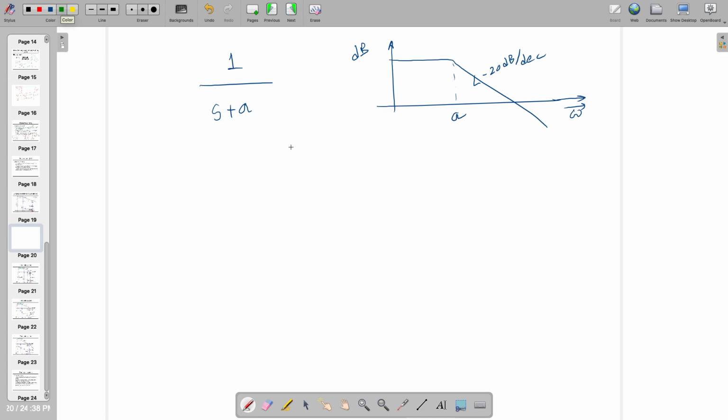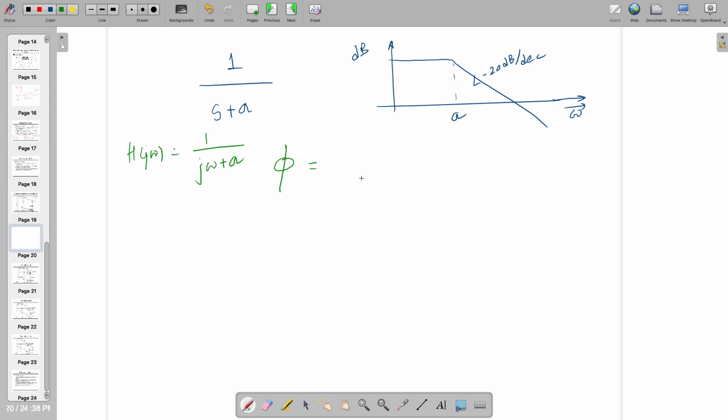Now the question is, what about the phase? Can you tell me, somebody, if I am going to write this as a phase, what will be the equation? Your 11th or 12th standard complex numbers. Yes, Akshita, you were saying something. So H(j omega) is equal to 1 by (j omega plus a), right?